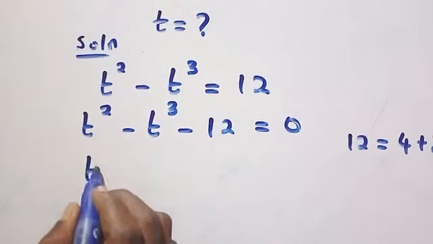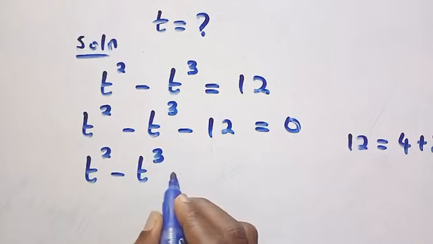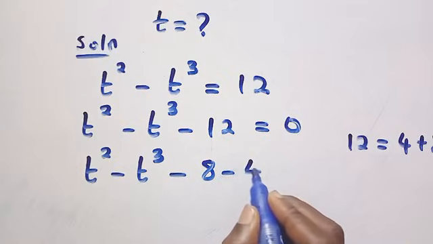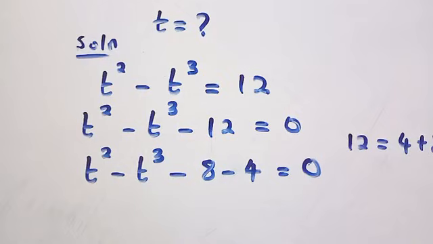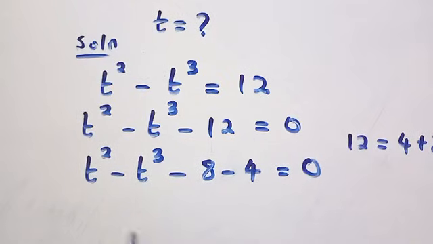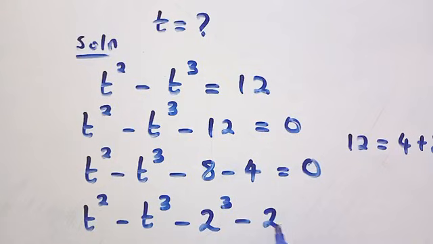So here we have t power of 2 minus t power of 3 minus 8 minus 4 equals 0. And we write 8 and 4 in exponent form. Here we have t power 2 minus t power 3 minus 8 is 2 power of 3, minus 4 is 2 power of 2, equals 0.